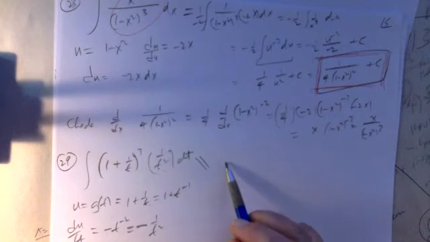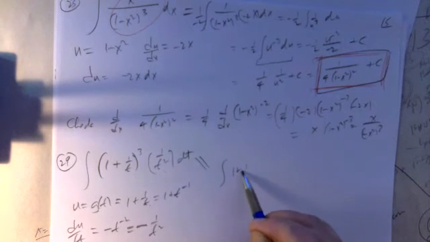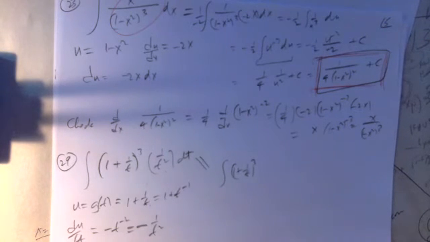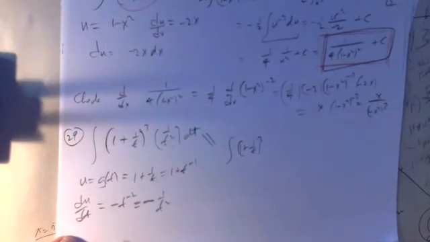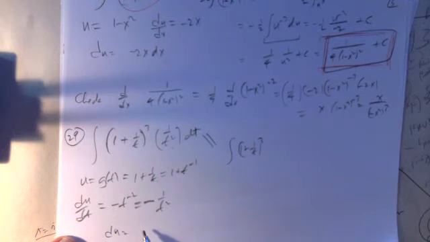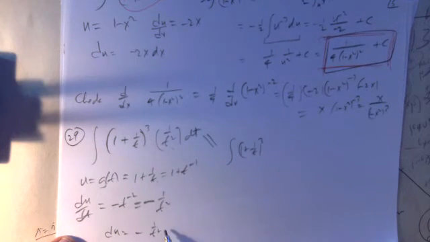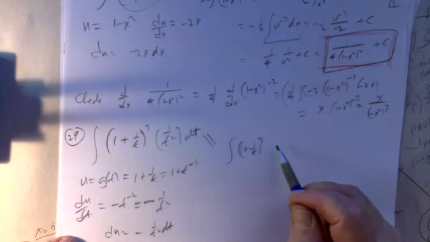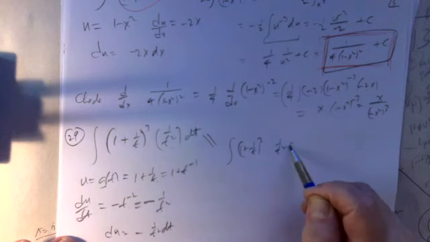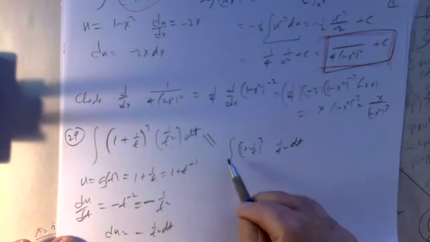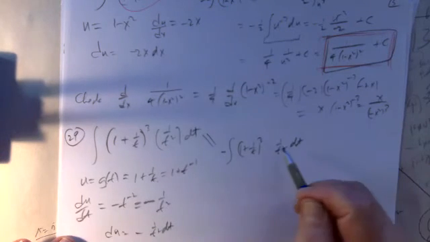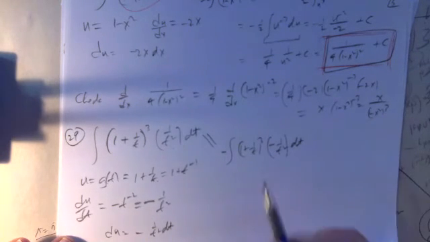So I can write this as the integral of 1 plus 1 over t cubed. Oh, and then if du dt is minus 1 over t squared, that means that du is minus 1 over t squared dt. So this is 1 over t squared dt. Minus times minus is plus, so I can do that when I'm just rewriting this.